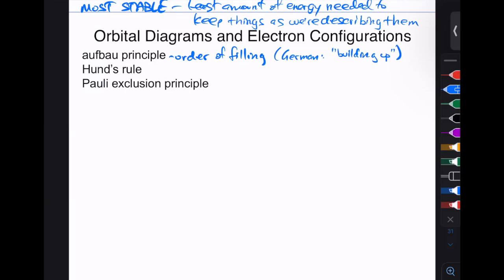This principle is that as we add more and more electrons to an atom, since we're trying to describe the most stable configuration, we're going to start at the ground floor, the ground state, and work our way up. So as we add more electrons, we're going to add them to the next highest energy level that's available. We're going from the lowest energy to the highest energy level.